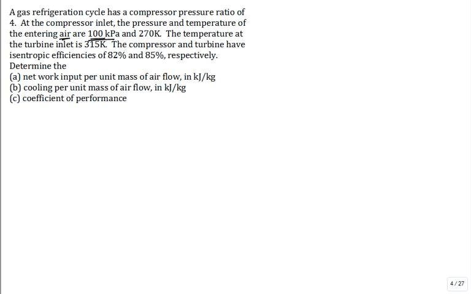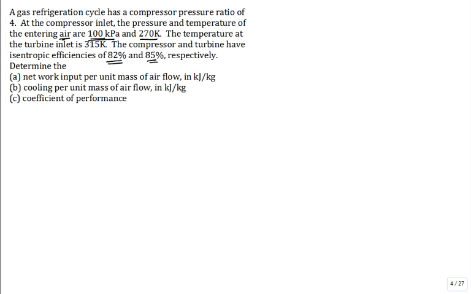The temperature at the turbine inlet is 315. So once it's compressed, then it's cooled, and then it goes into the turbine and it expands. And when it expands, it'll come out lower temperature than 315 Kelvin. The compressor and the turbine have isentropic efficiencies of 82 and 85%.